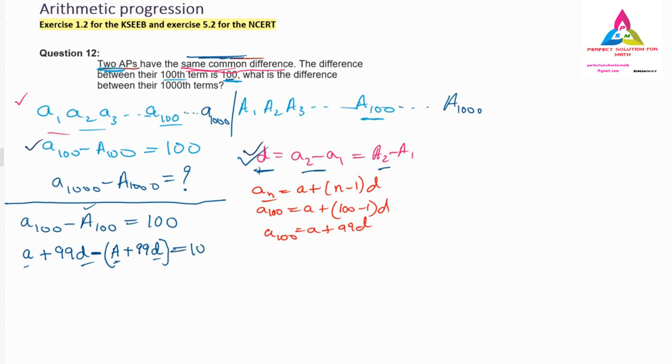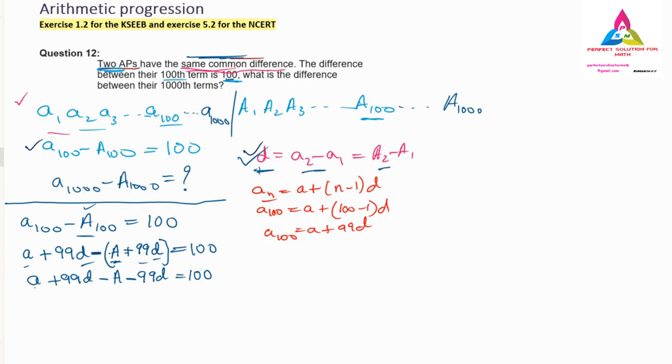That is equal to how much? 100 only. Now coming to the next part, a remains as it is, and 99d I have written as it is. This minus I have to multiply for both the terms because it is a bracket. So a plus 99d, minus into plus A becomes minus A, minus into plus again minus 99d, that is equal to 100.